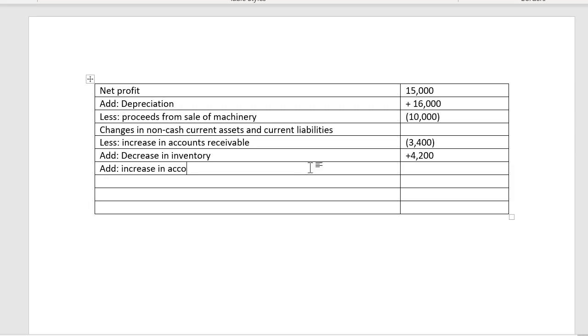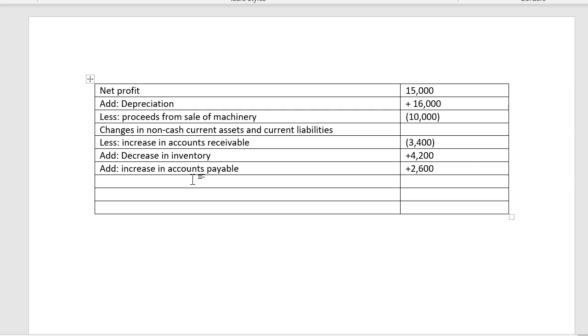Accounts payable increased by 2,600, which you add.